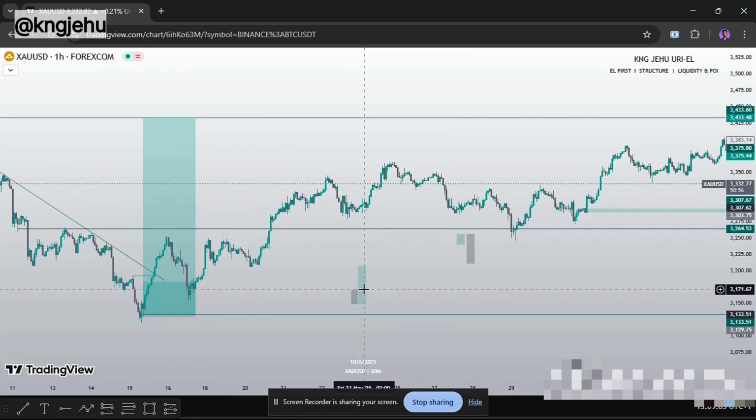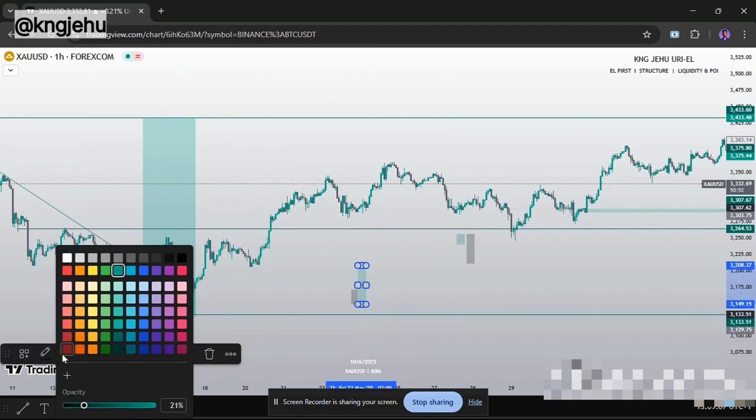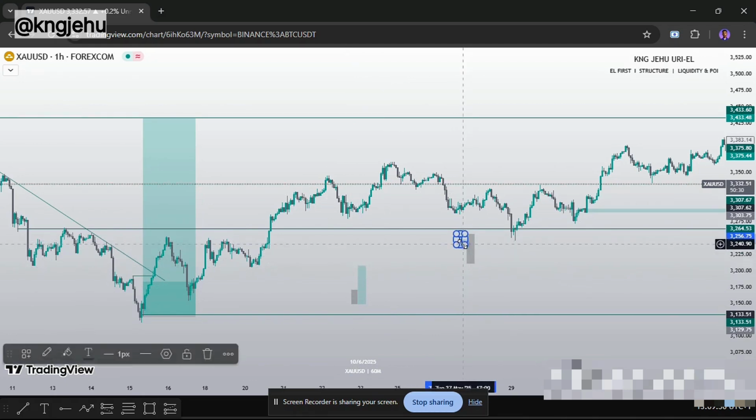So that's what the order block is. Now we have two types of order block, which you can see here. This one is a bullish order block because it is before the impulsive bullish move. This one is the bearish order block because it's just before the impulsive bearish move.